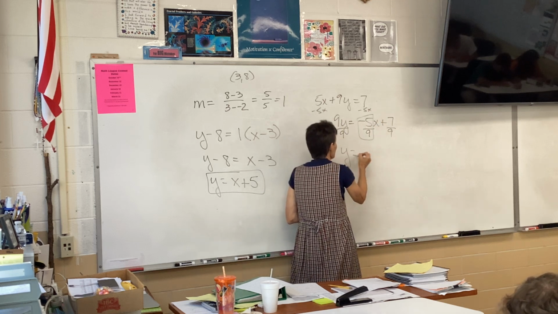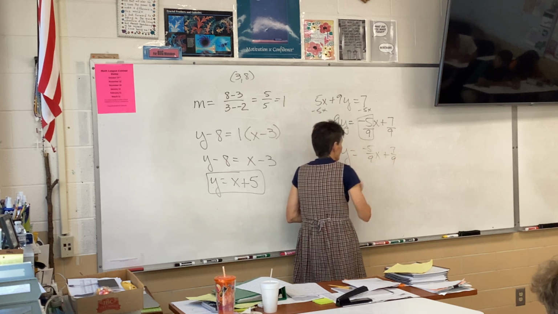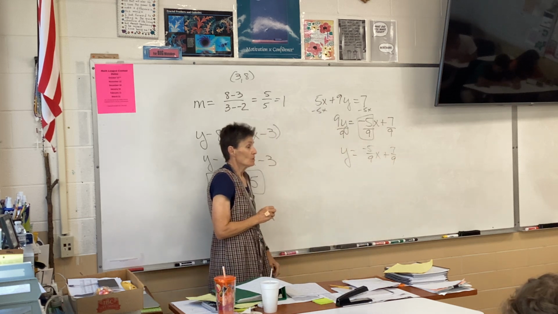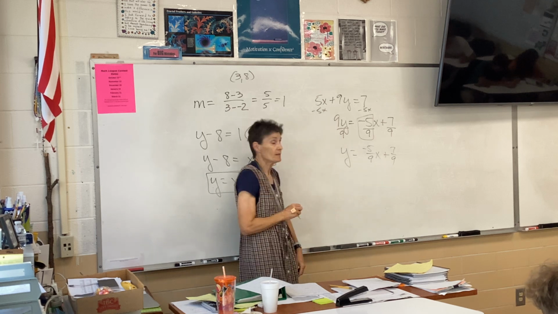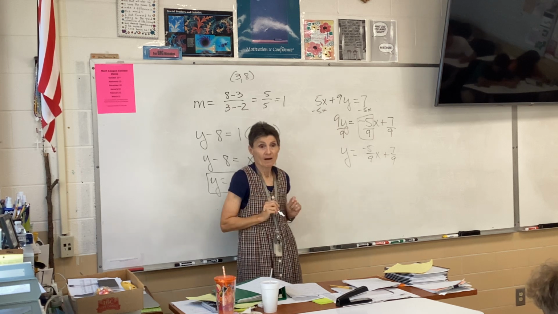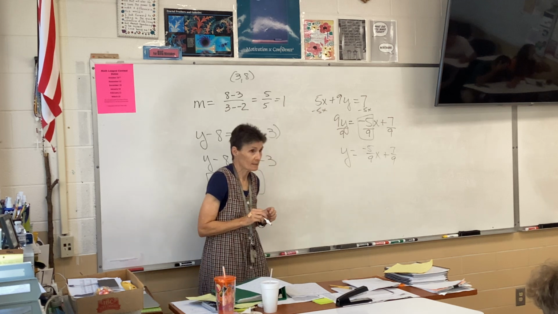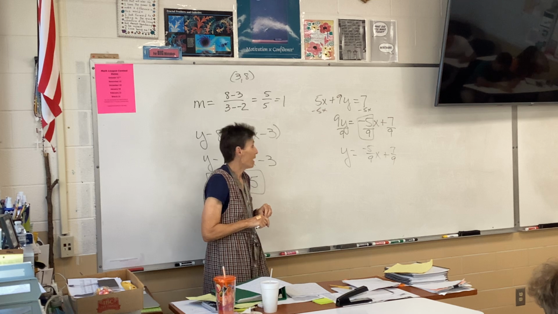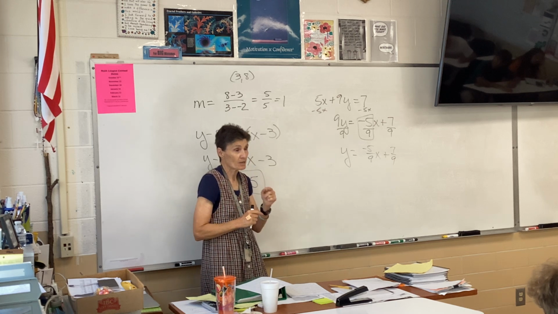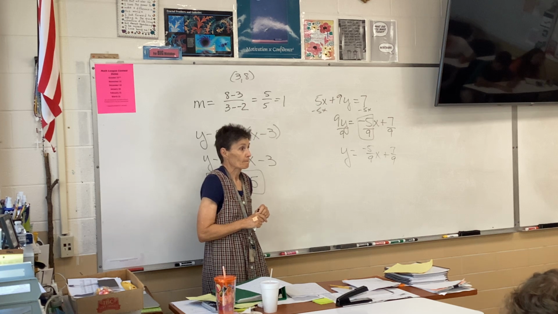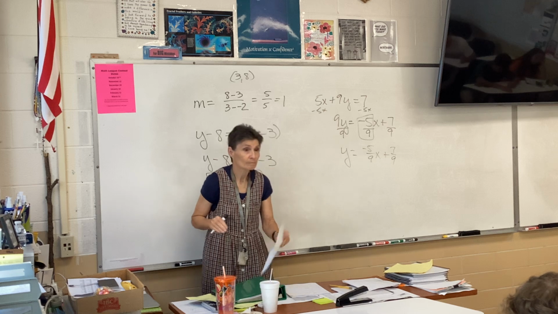Because we have y equals mx plus b. That's your slope, negative 5/9. So since we're doing parallel, the answer is negative 5/9. What if we were doing perpendicular? Positive 9/5. You flip it and change the sign. Okay? All good.